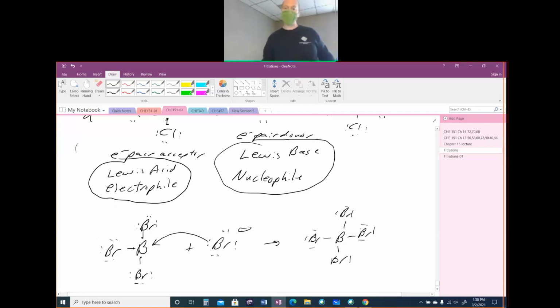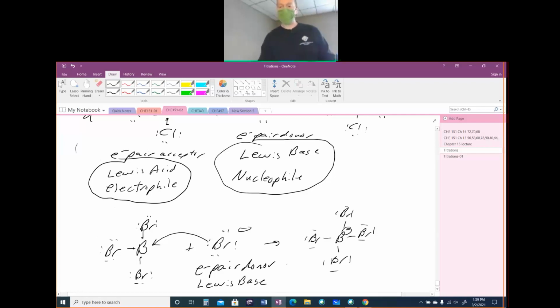The B should have had 3 electrons, and you see that it has 4 electrons around it. The boron is the minus. Bromine should all have 7, they all do. So you see that this was the electron pair donor. It donated the electrons to the boron, and so that is your Lewis base.